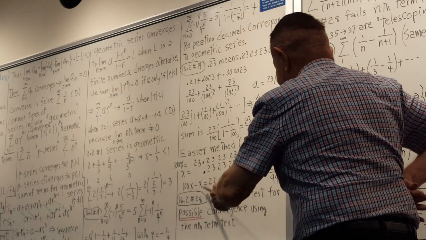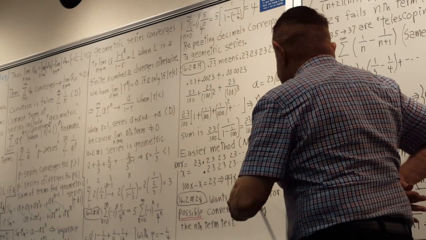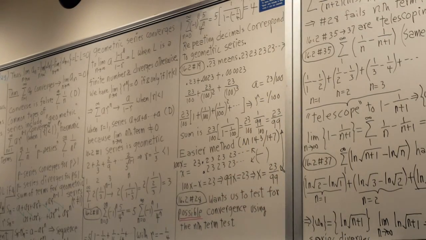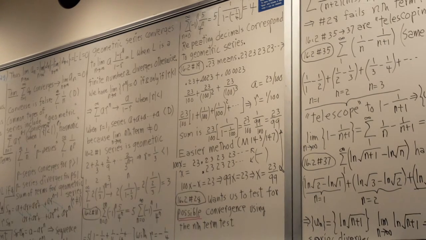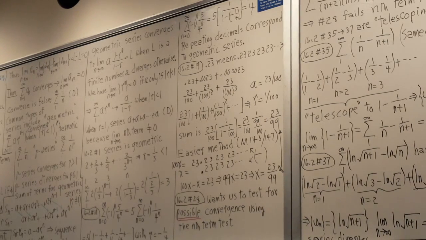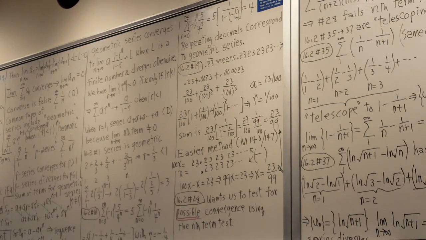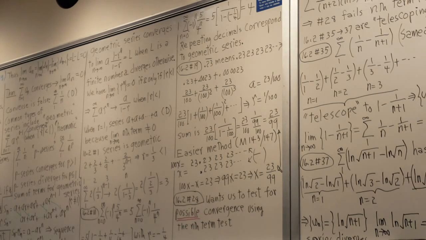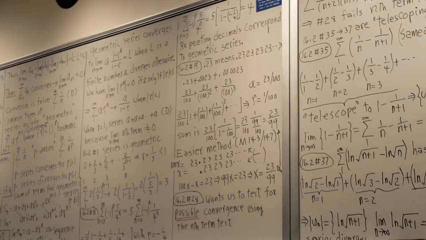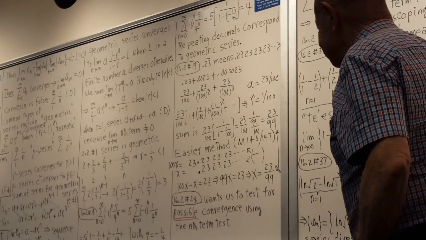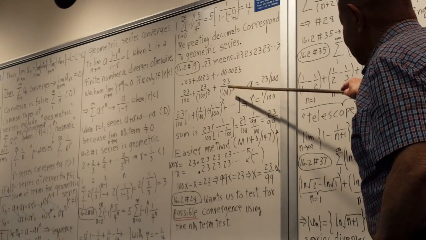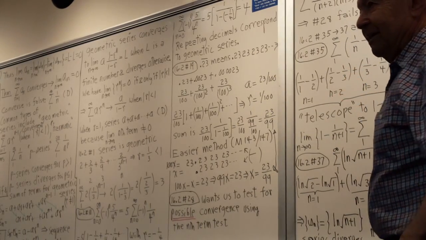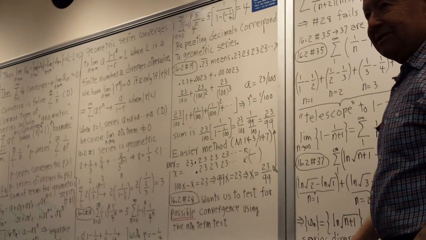So 99x is 23, and there you are, 23 over 99. So you can actually get the fraction that corresponds to an infinite repeated decimal without doing calculus. But anyway, if you approach it from a calculus point of view, what you're working with is summing a geometric series.